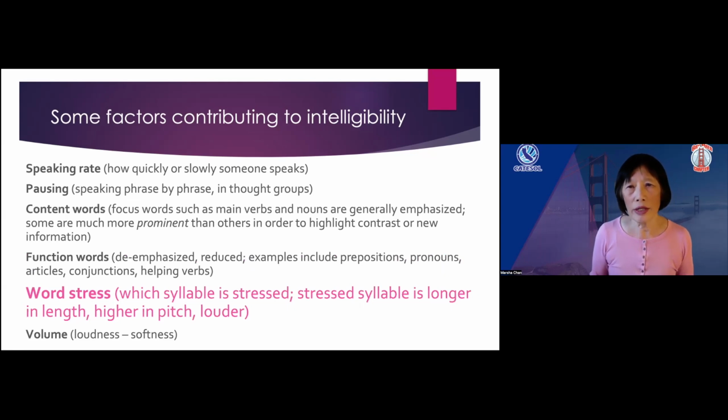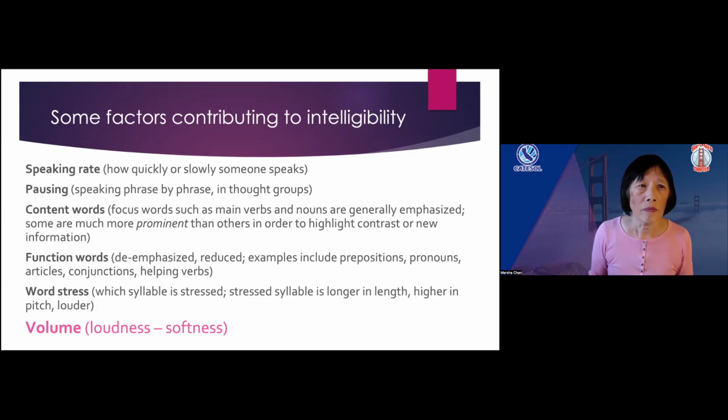Okay, word stress. This is something that came up in our chat. Which syllable is stressed? The stressed syllable is longer, so in length, and it's higher in pitch, and it's louder, so the volume is greater. Sometimes our learners have problems with volume. They don't speak loud enough for us to hear them, so how can we understand what they're saying?